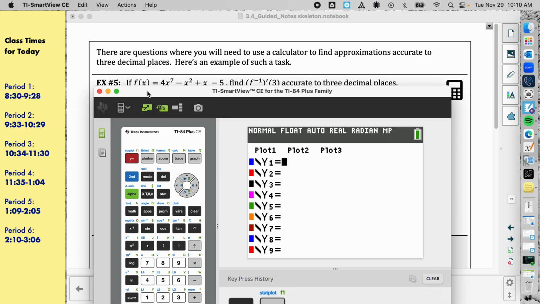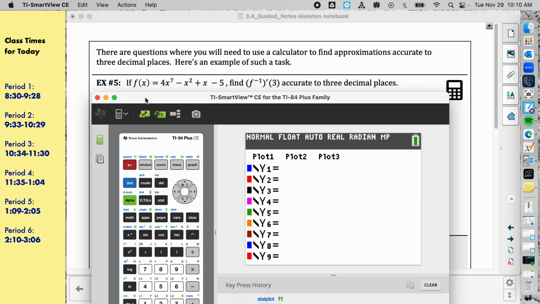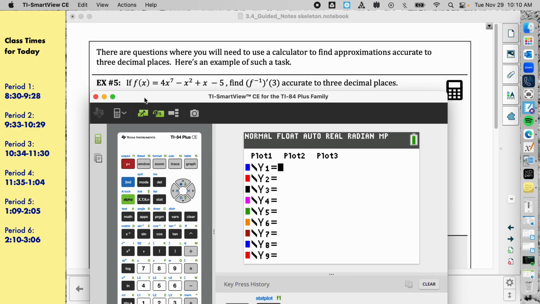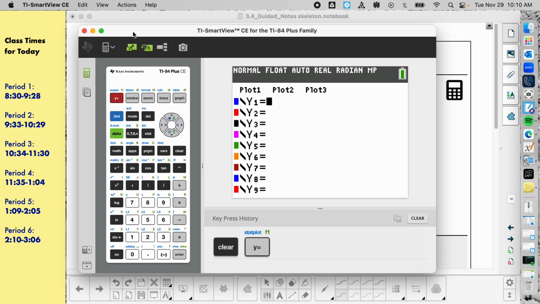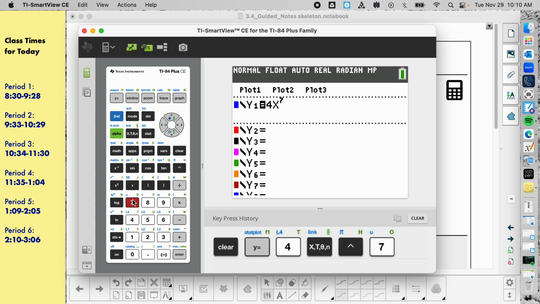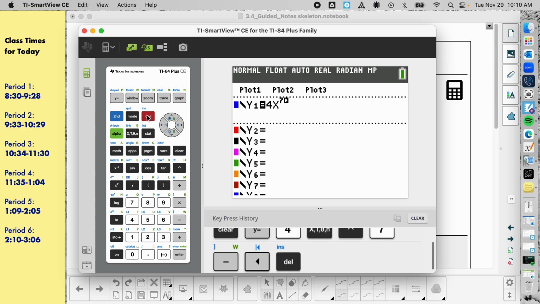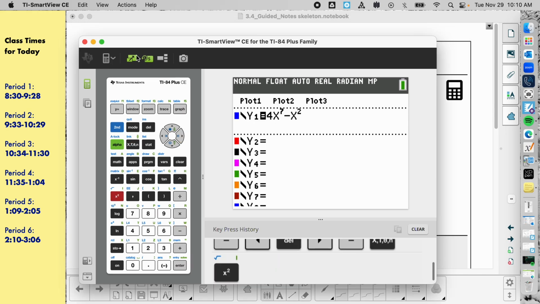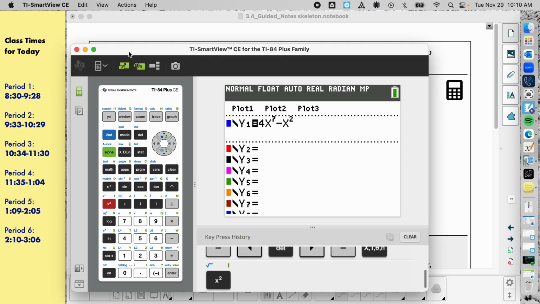On this particular problem, we need to know when this equation is equal to 3. The way I do that on the calculator is I need to type in both equations separately. 4x^7 minus x squared plus x minus 5.